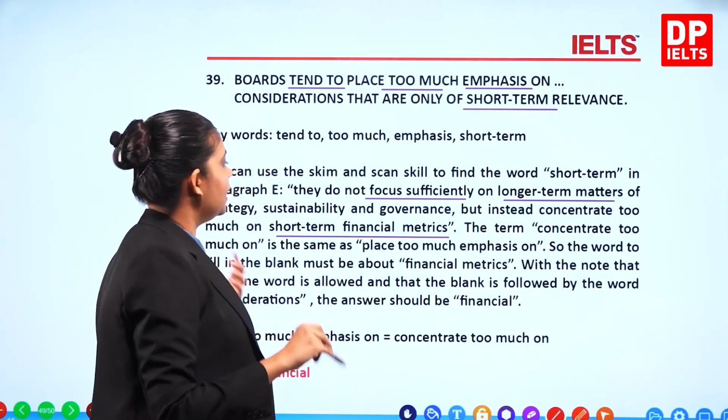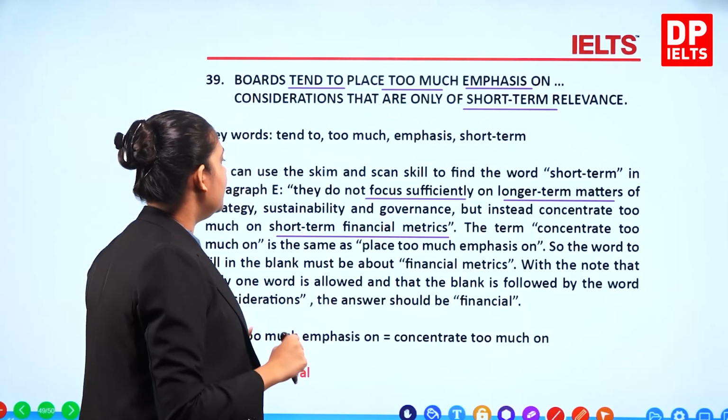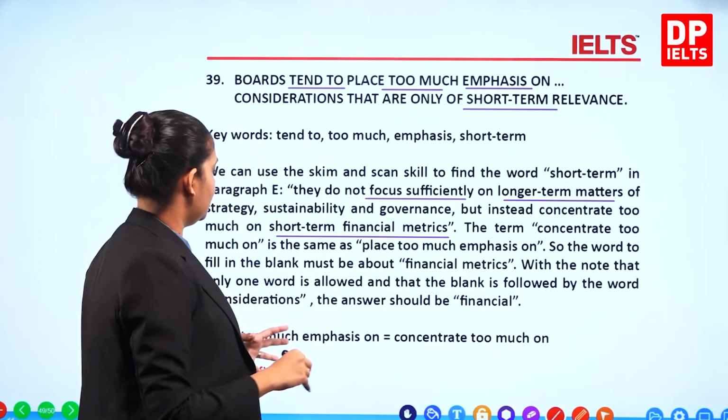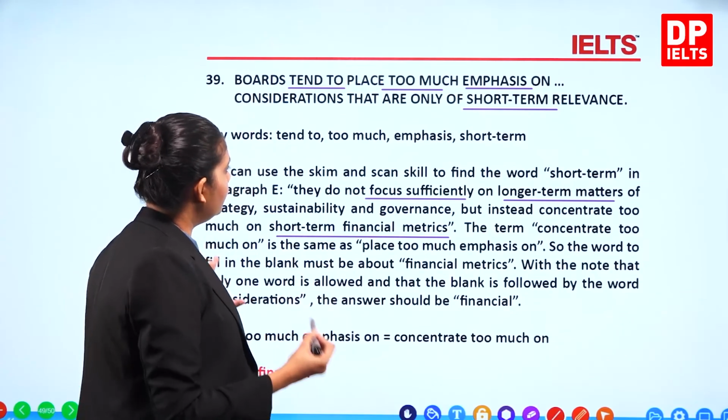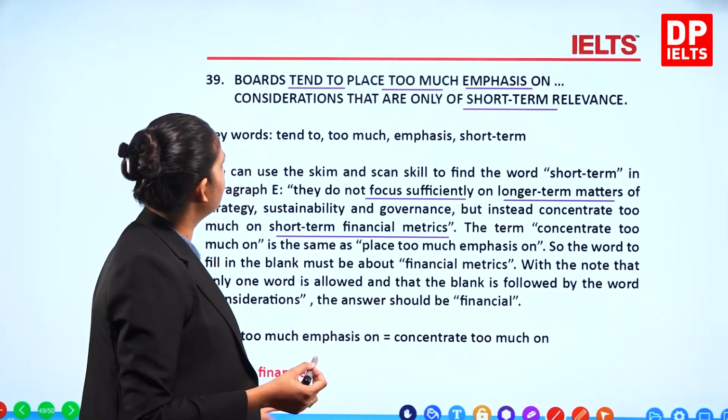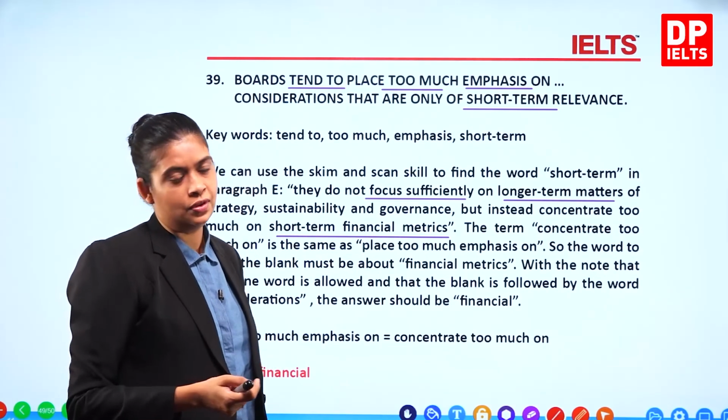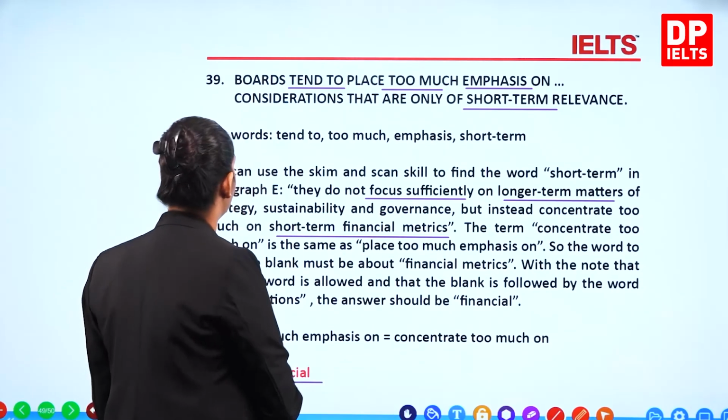Concentrate means they pay attention to. Financial metrics means financial matters, right? So what do they emphasize? Financial considerations. So answer is financial.